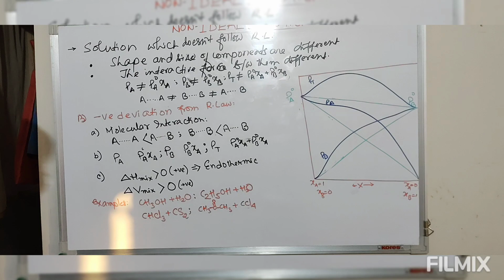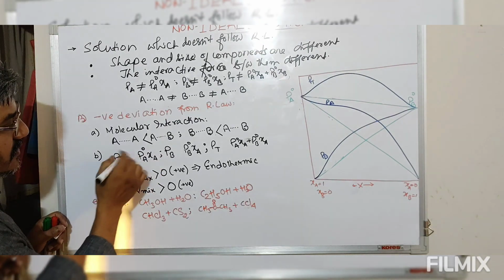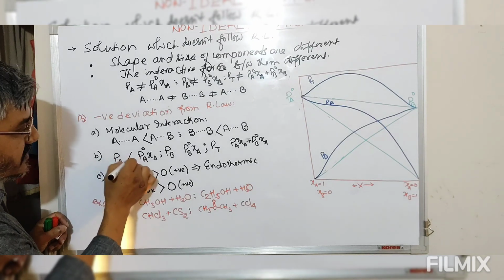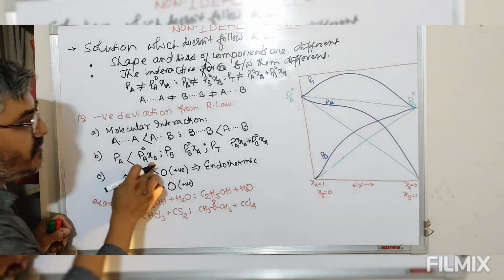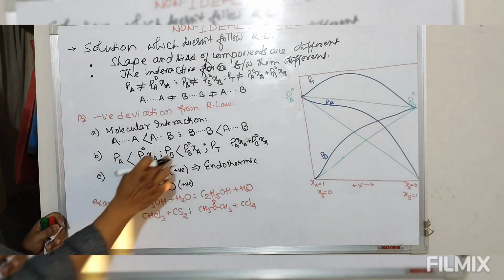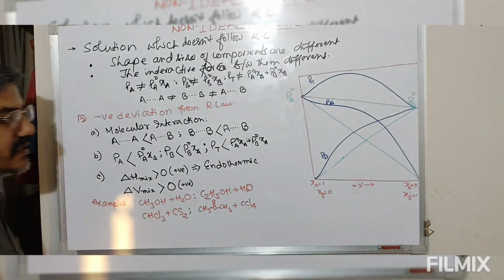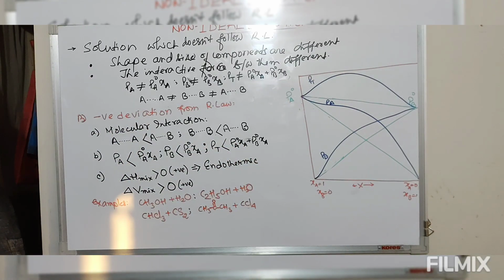So PA, the vapor pressure of A in the solution, is less than the one predicted from the ideal value. Similarly, the vapor pressure of B in the solution is less than the one predicted from the ideal value, and the total pressure is also less than the ideal value.